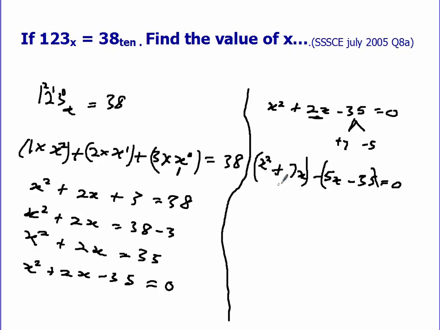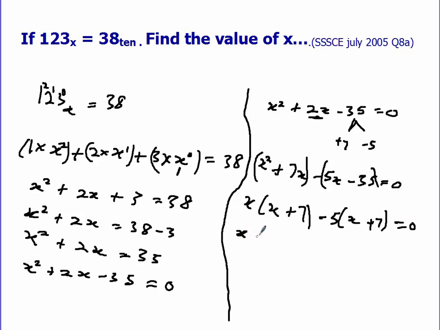So x squared and 7x, the common value here is x, bracket x plus 7, because the x is already out. Okay, minus the common one, 5 and 35. Yes, 5 can go into both, therefore is the common factor. X minus, no, it's going to be plus 7. I told you so that if I want to remove the bracket, negative 5 times positive 7 will give me negative 35 as usual, equal to 0.